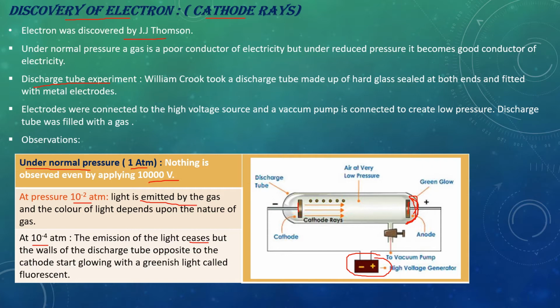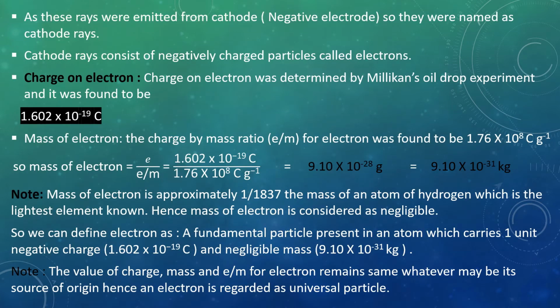Because they emerge from the negatively charged electrode, they consist of negatively charged particles, and these were named as electrons. These cathode rays are made up of electrons, that is negatively charged particles.